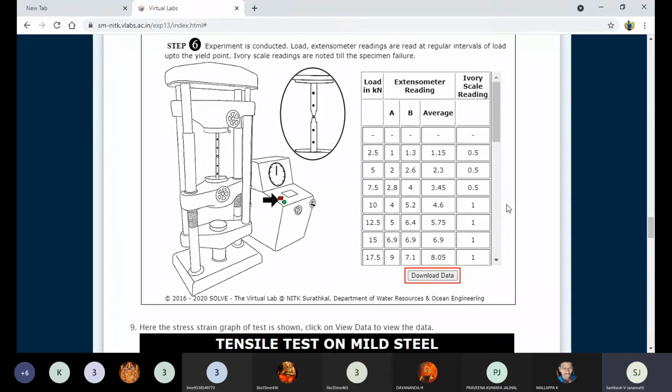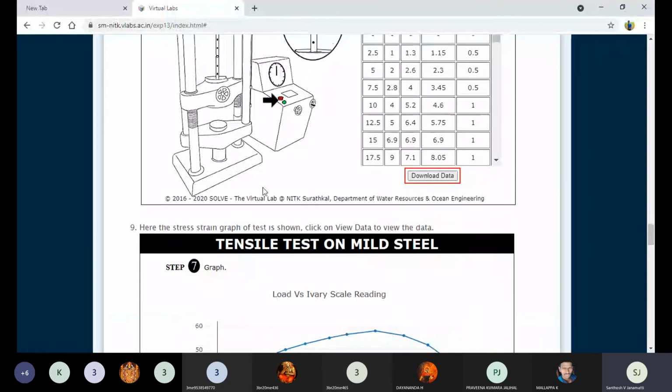Noting the upper yield point is very, very important. Note down 50, because we need to determine the yield strength of that particular sample. So all these activities you need to take in step 6, right?